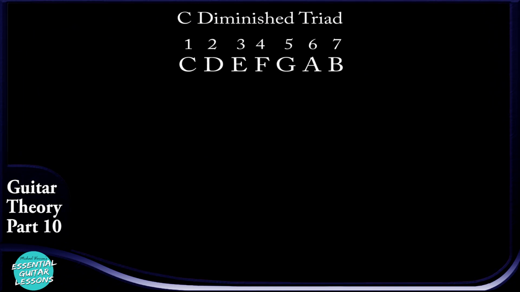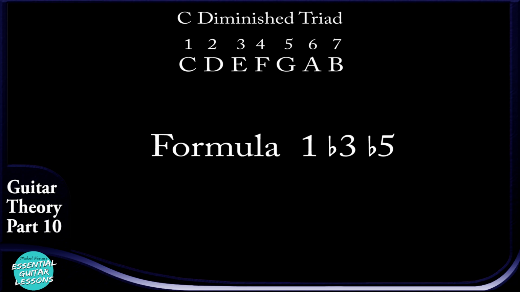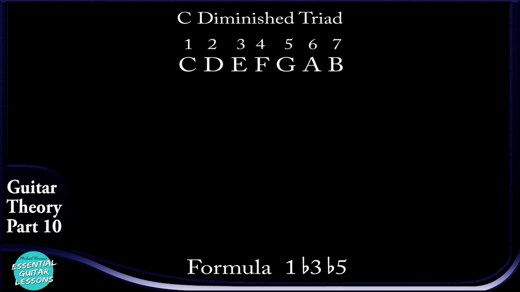So let's do the diminished. We'll start with the C diminished triad. Okay, so we still start with the major scale. This time the formula is 1, flat 3 and a flat 5. So we start with the C, we go to the third, which is E. Now we flatten that, so it's E flat, and then we bring down the fifth, and that's also flattened, so that's G flat.